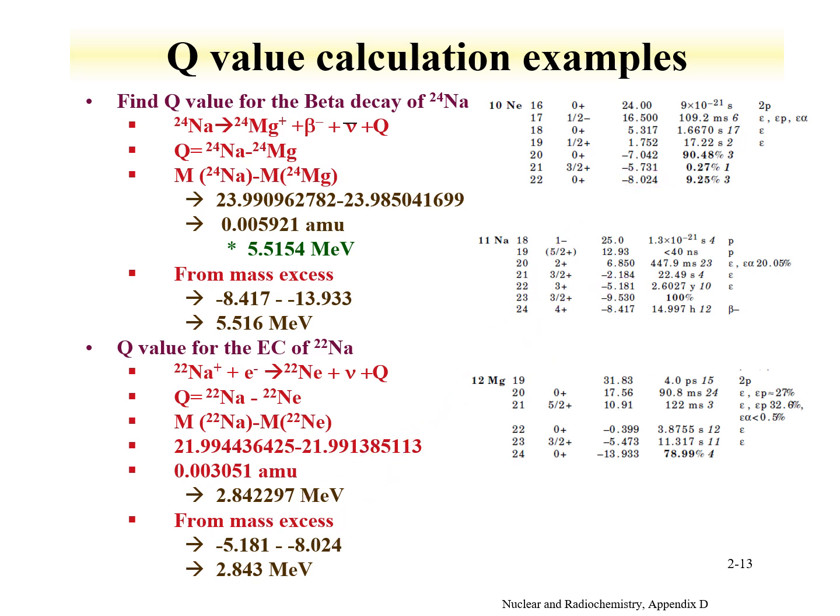So sodium-22 and neon-22. The difference in the mass excesses is 2.843 MeV, and as you can see, it is in very good agreement with the Q value calculated directly from the masses of sodium-22 and neon-22.